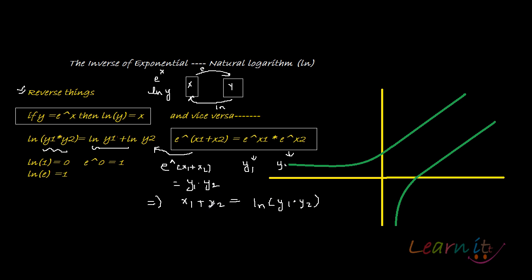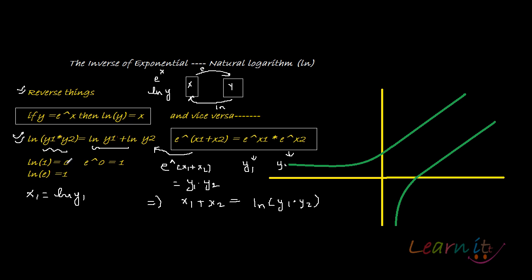Now, what is x1? x1 equals natural log of y1. Why? Because e to the power x1 equals y1. So, I can also say that x1 equals ln y1 and similarly x2. So, I get my property that log(y1 y2) is equal to log y1 plus log y2.